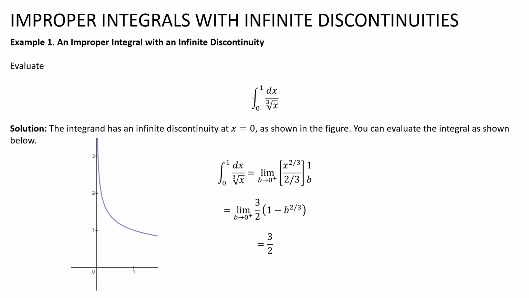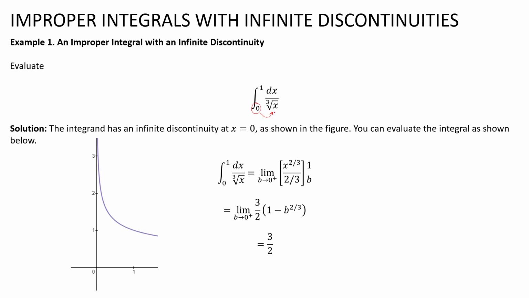So it's discontinuous at the lower limit, because if you try to plug in 0 here directly, that's one way of evaluating where the limit is discontinuous in your improper integral.